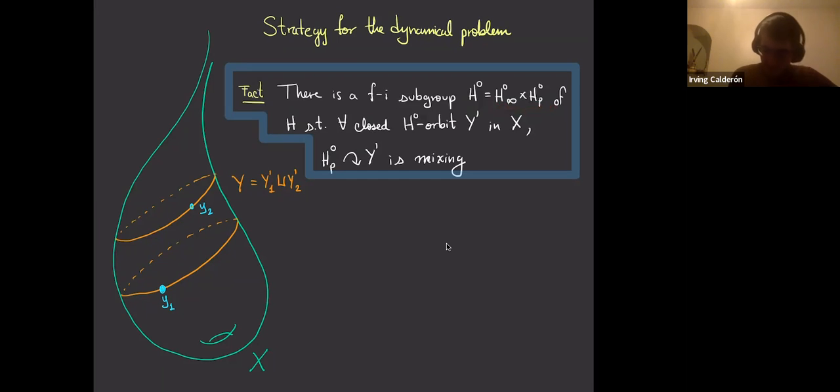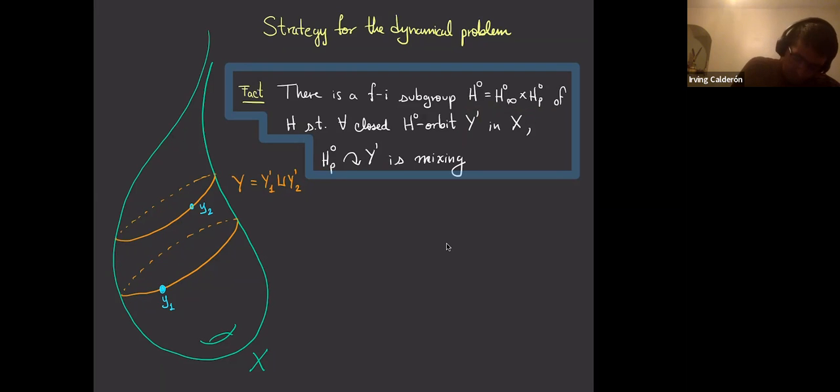And it has the property that if we consider any closed H naught orbit, Y prime, then the p-adic factor, Hp naught, the action on Y prime will be always mixing.